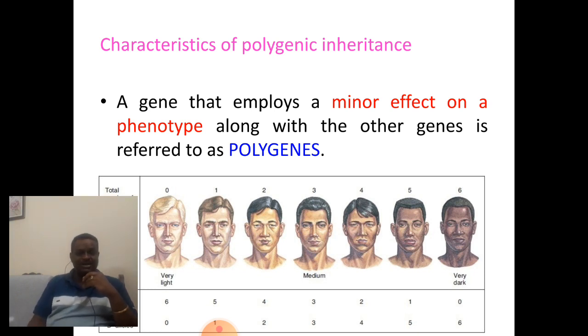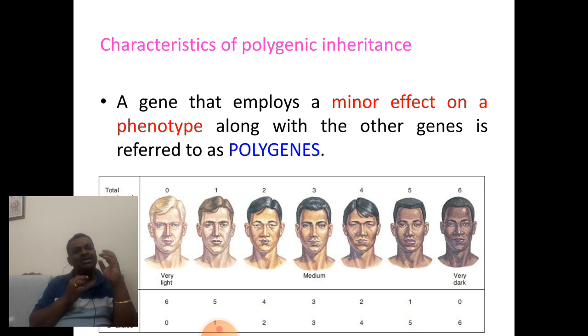The first point here, we need to define the concept of polygenes. What are polygenes? Poly means many, genes are factors. So many factors or many genes that influence a single character or single phenotype is referred to as polygenes. So this is what point number 1 explains.